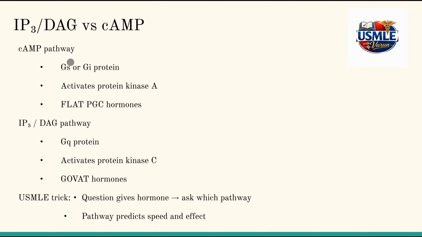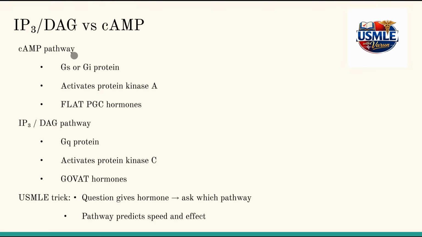So now let's try to differentiate between IP3 DAG versus cyclic AMP. Cyclic AMP uses protein kinase A, while IP3 DAG uses protein kinase C. Knowing this key difference helps us identify hormone effects quickly whenever we see a question on an exam.